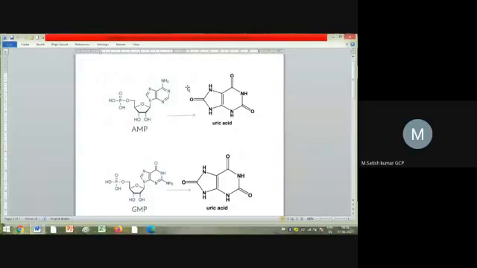In the first step, the amine group gets released by the deamination process. In the second step, the phosphate molecule will be separated. Now we have only two components: one is a nitrogenous base and the second is 5 carbon ribose sugar. These two are collectively called a nucleoside.